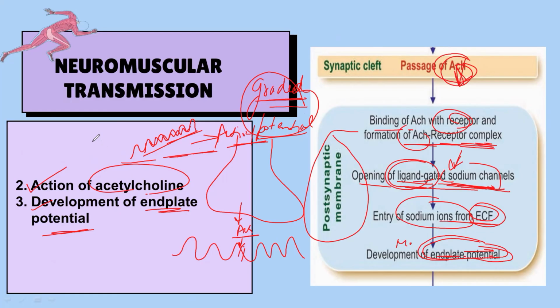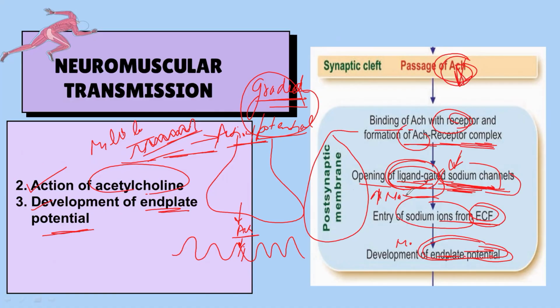It is a mild or local change. We are calling it the mini end plate potential, because these ligand-gated sodium channels are fewer in number than the voltage-gated sodium channels, and these are not responsible for the action potential. They have less sodium influx than the voltage-gated sodium channels.